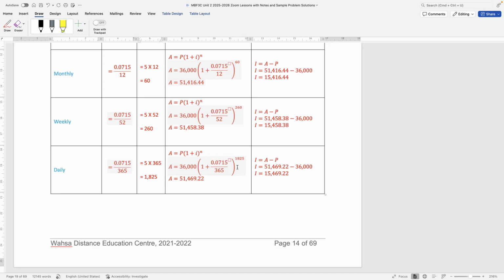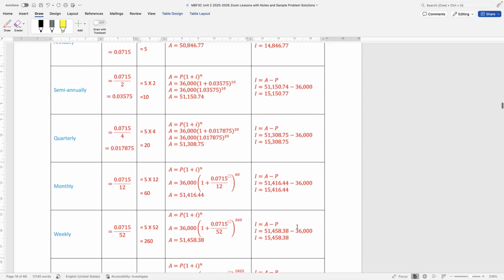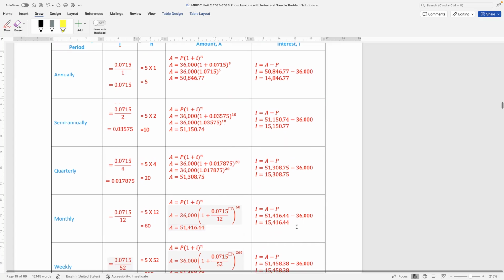And I'll get 51,469.21838. Round that to the nearest penny is $51,469.22. So now to find the amount of interest, I subtract 36,000 from that amount, and I'll end up with $15,469.22 in interest.